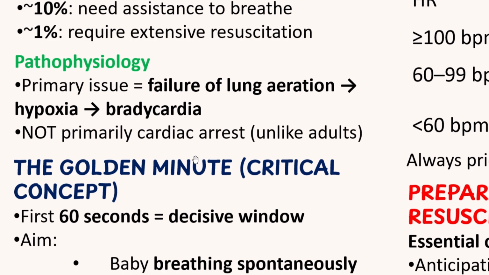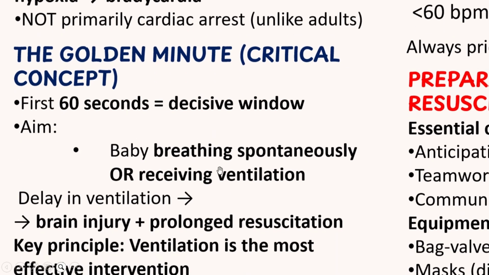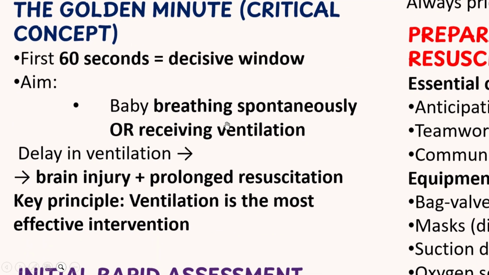So we have the golden minute. This is a very important, critical concept: the first 60 seconds are always going to be the decisive window. The aim is to see whether the baby is breathing spontaneously or receiving ventilation.